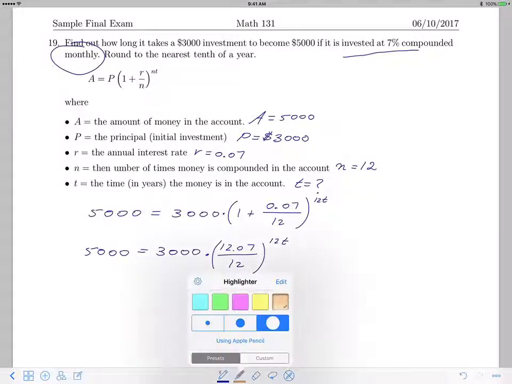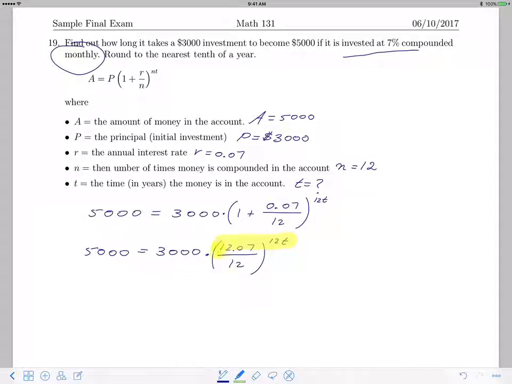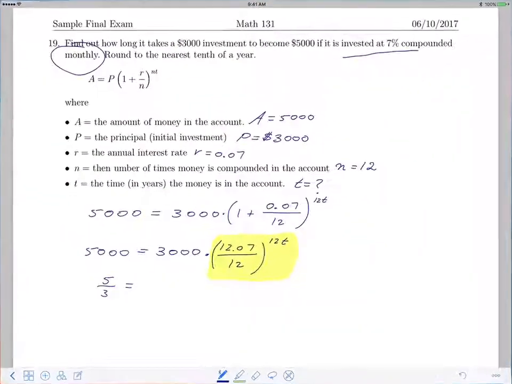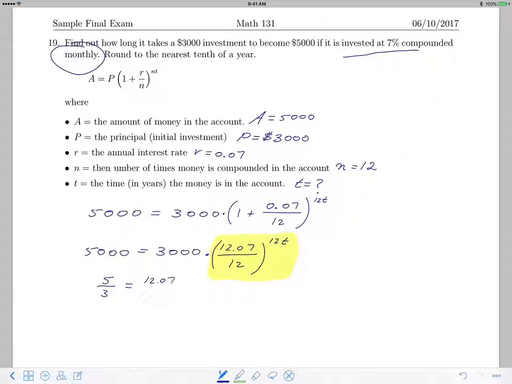So to isolate the exponential, this is the exponential part, we're going to divide both sides by 3,000. We would get 5 over 3 equals 1 plus 0.07 over 12, all to the power of 12t. Okay? And so now we're going to take the logarithm of both sides.